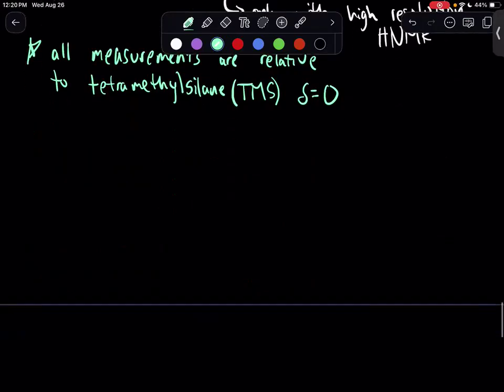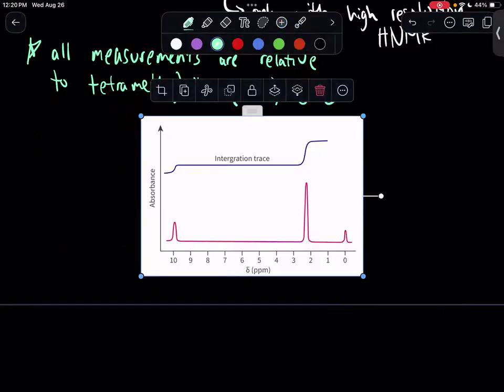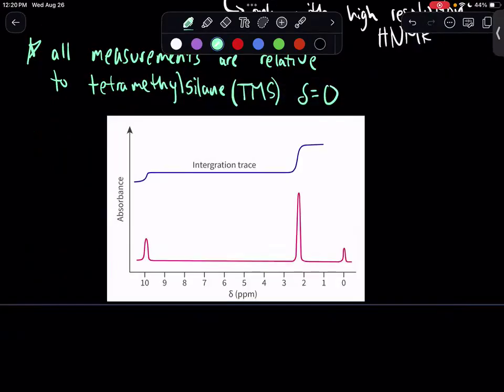So let's go back to our example. We have a couple things here that we can now give some words to. First off, we have our chemical shift, which is measured in parts per million.